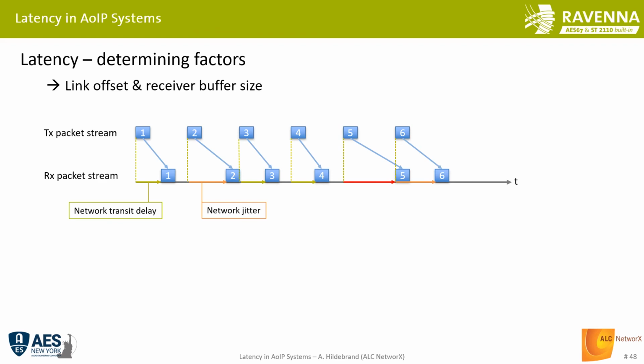So the receiver, taking this jitter into account, has to calculate the playout by accounting for the maximum experienced network jitter, which is apparently this part here.